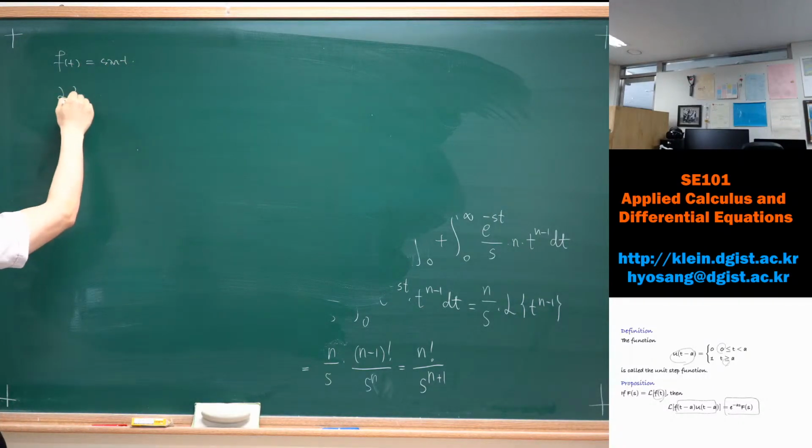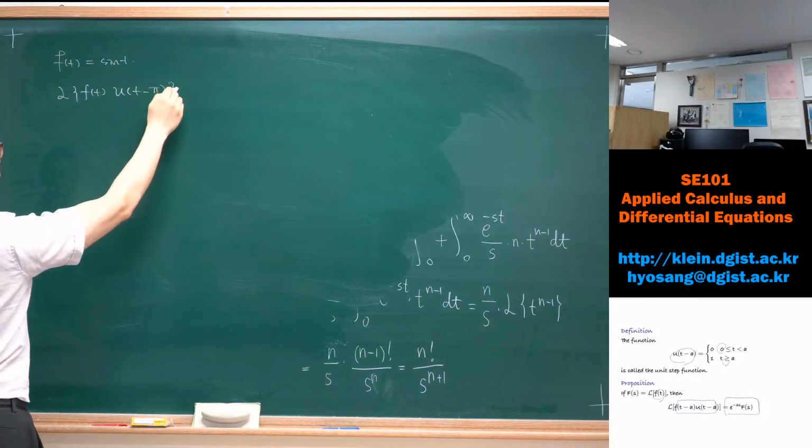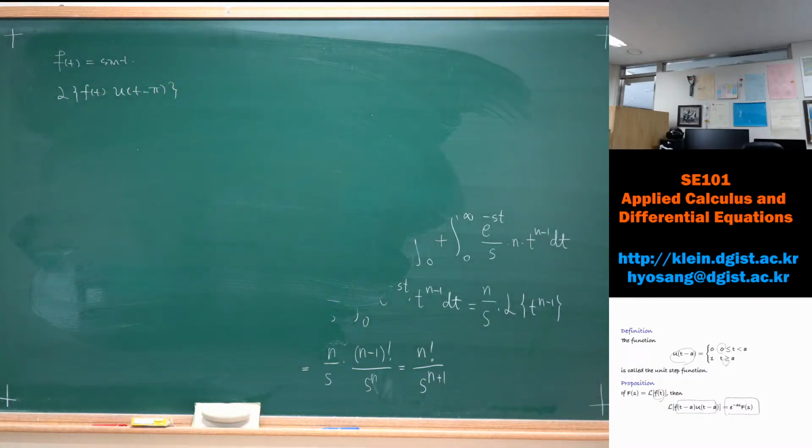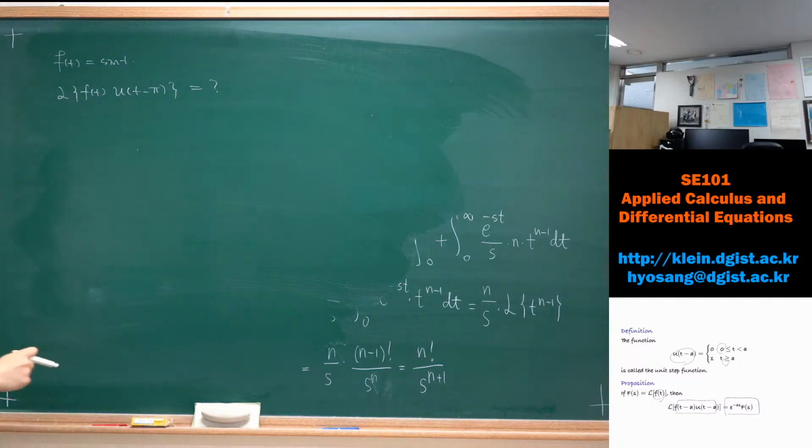Then how about the Laplace transform of sine t times u of t minus pi? There is no formula to apply to this Laplace transform directly.